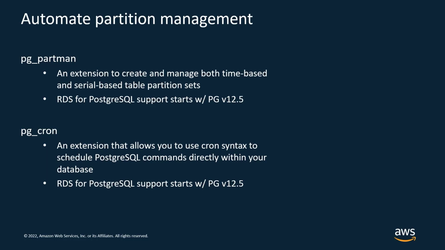Starting with Postgres version 12.5, Amazon RDS for Postgres supports the pg_partman and pg_cron extensions. And that makes partitioning management much easier. pg_partman is an extension that can be used for easier setup of tables and automatic management of the partitions. pg_cron is an extension that allows us to use the cron syntax to schedule Postgres commands directly within the database.